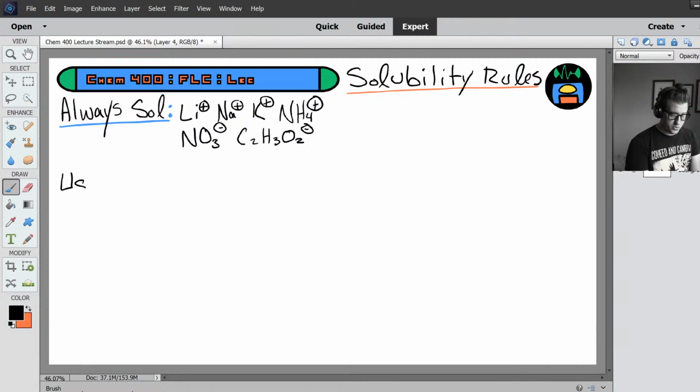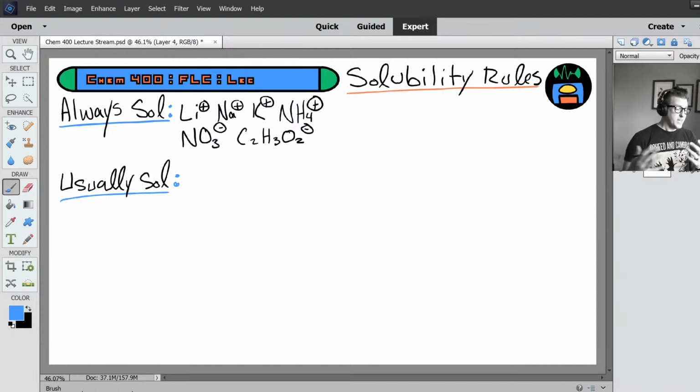Now let's talk usually soluble. These are ions that are soluble with some exceptions.